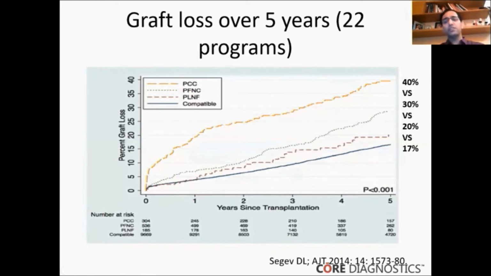So at 5 years, 40% graft loss. Those who had a flow crossmatch positive but CDC negative, the second line, have about 30% graft loss at 5 years. Third is where there were HLA antibodies, but both the CDC and the flow crossmatch were negative, which is about 20%. And then those who were HLA compatible is about 17%.